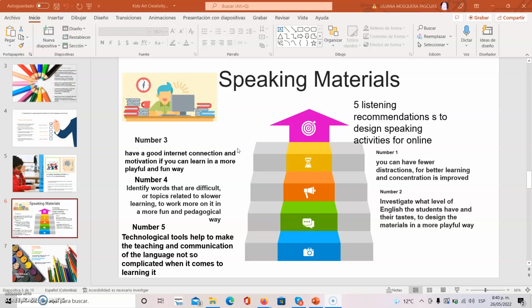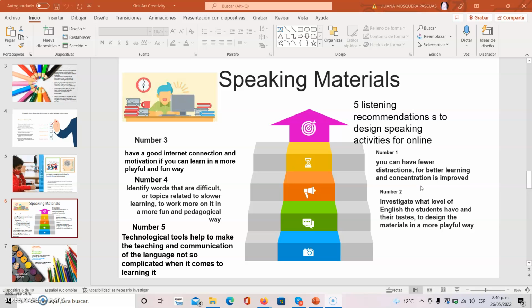Very significant for students, and you can have fewer distractions for better learning, and concentration is improved. Concentration, not distraction, is very important.